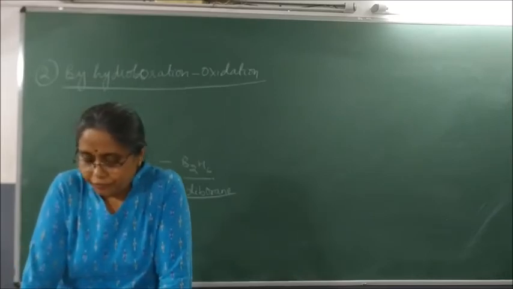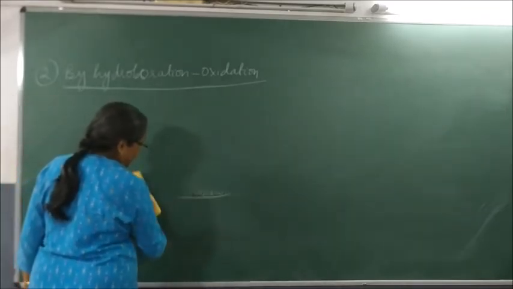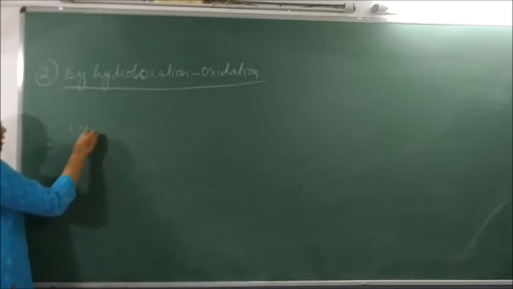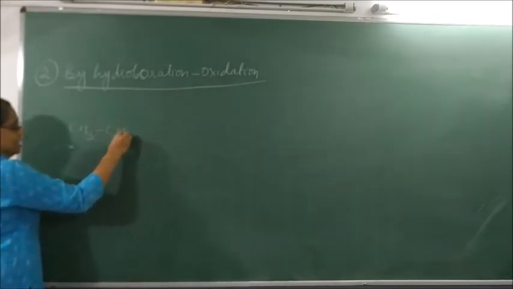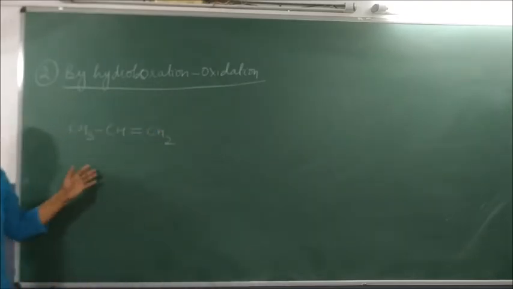Clear? So in the first step we are taking what? An unsymmetrical alkene. So we are taking propene. What is propene? CH3, CH, double bond, CH2. This is propene.